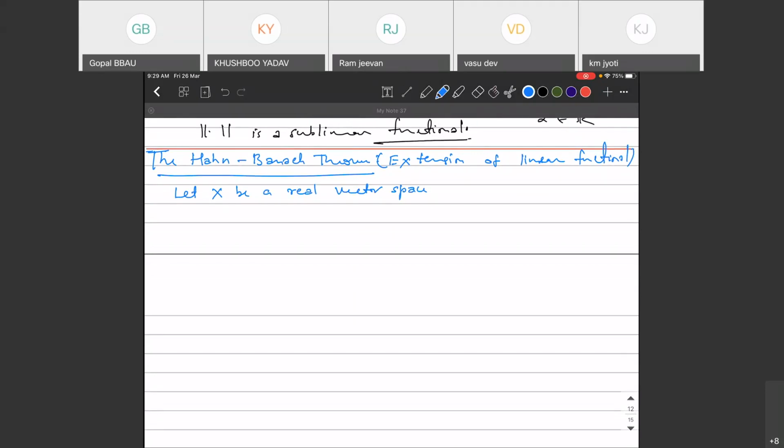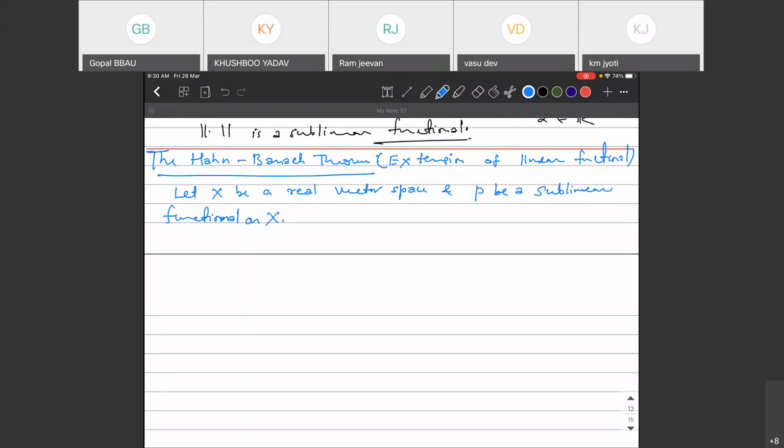It means X is a vector space over the field R. Correct? And P is a sublinear functional on X.